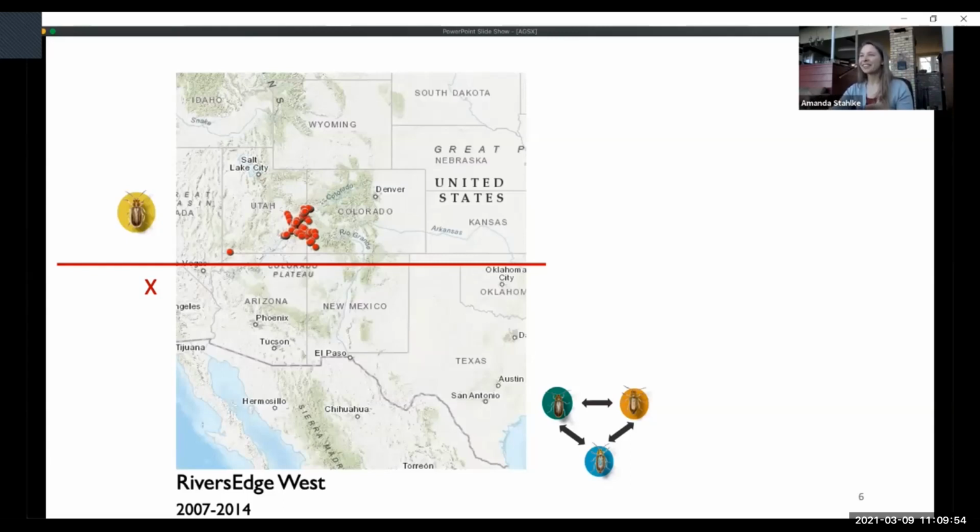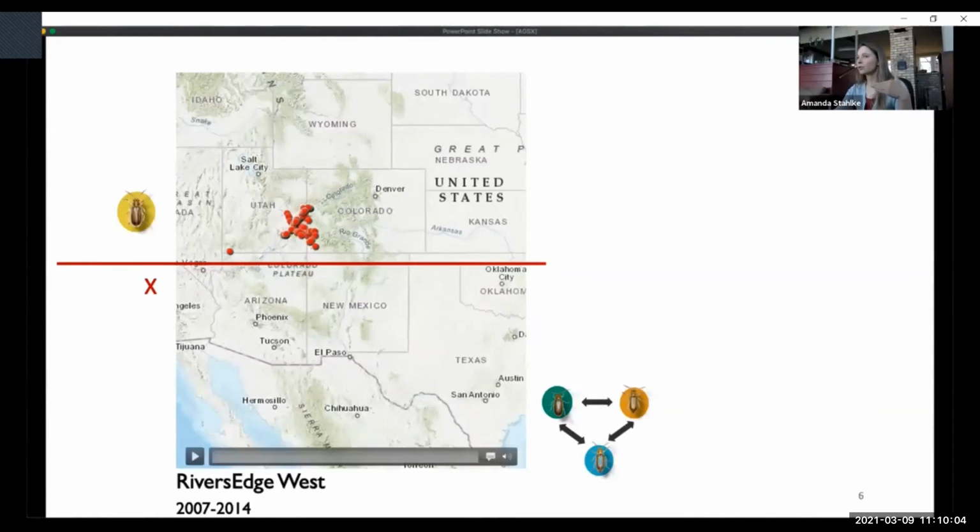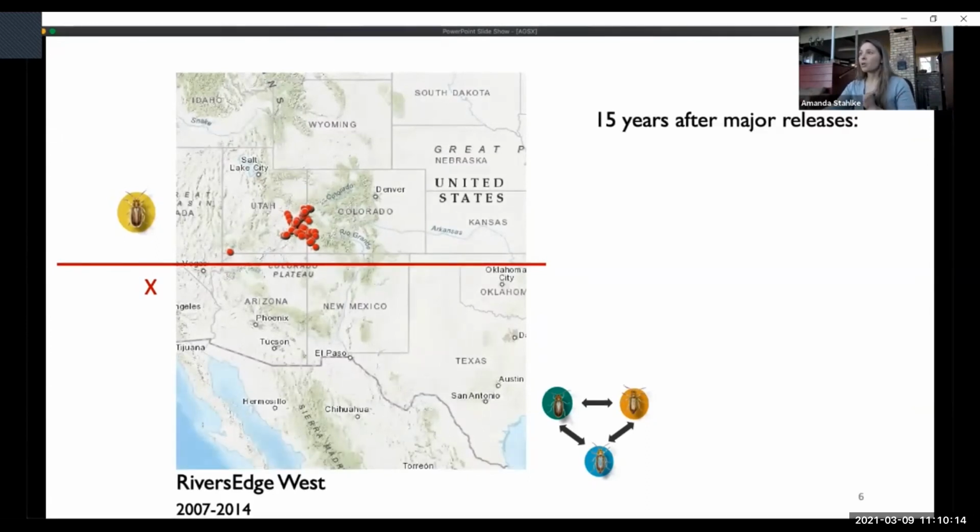We have crenulata in the west where it was introduced and constrained by that photoperiodic limit just south of the Colorado-Utah border here, and the hybrid zone in New Mexico and Texas where all 4 species were released.